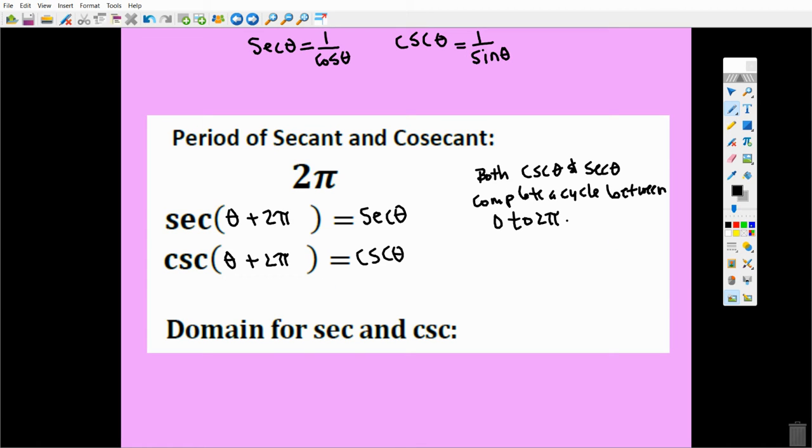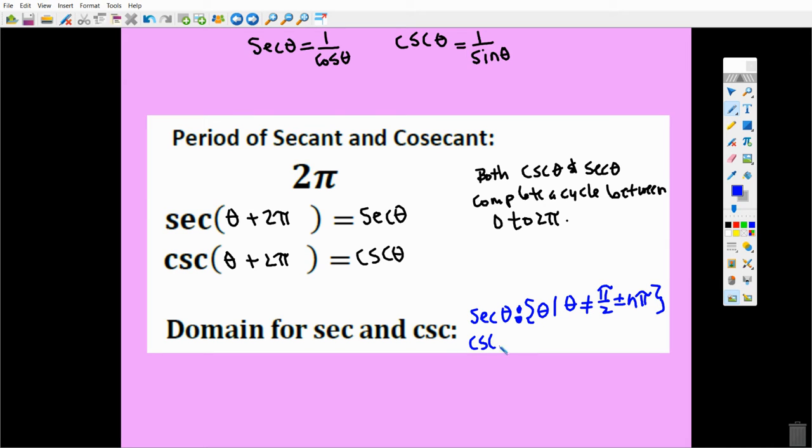And so for our domain for secant theta, we say that the domain is theta such that theta cannot equal, or is undefined at, pi over 2 or any multiple of it. So negative pi over 2, and any multiple of pi over 2.